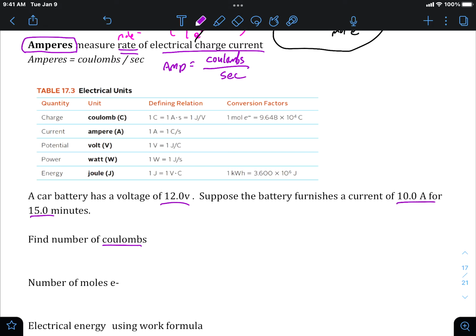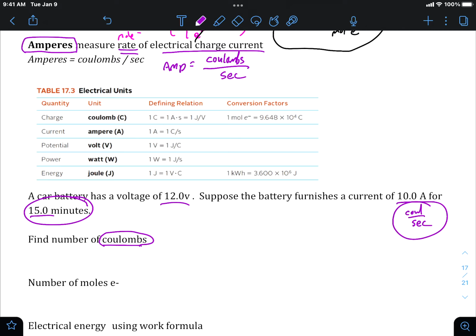So here we want to find charge. In order to find charge, it's useful to remember what each of these values means. Remember how an amp is coulombs per second. So if they're asking for coulombs, this would be useful, right? The amps. And they're telling us the time. So do you see how if I have time and I have amps, I can find the charge?